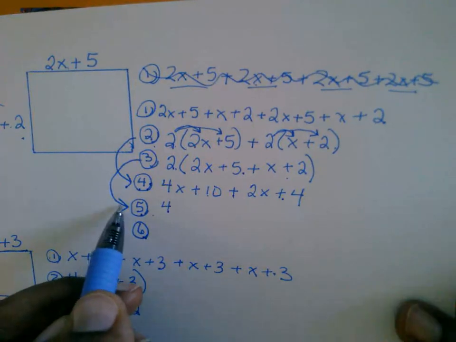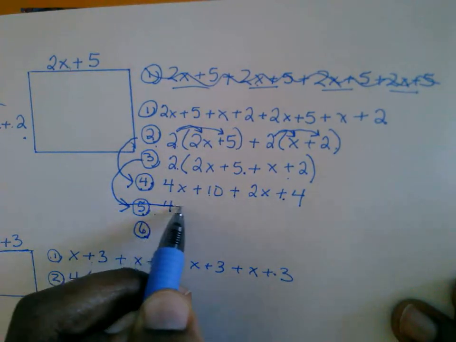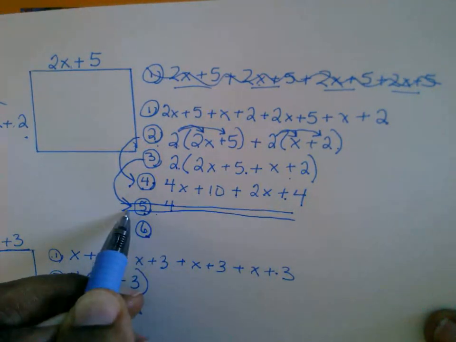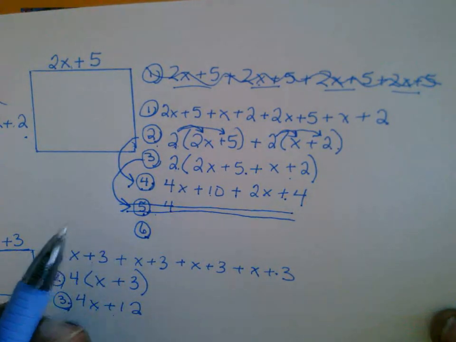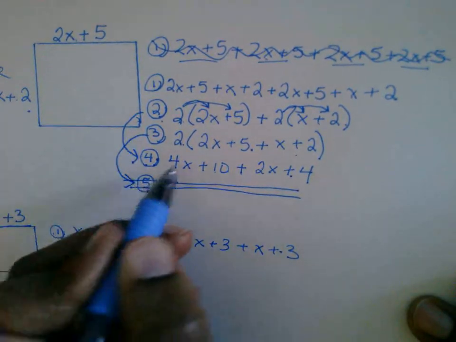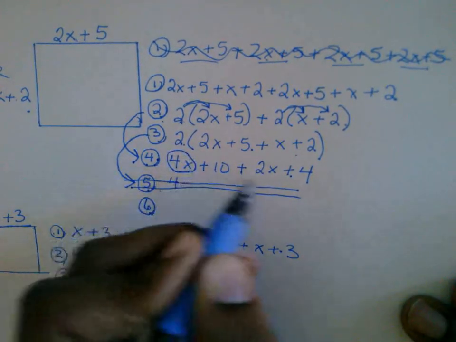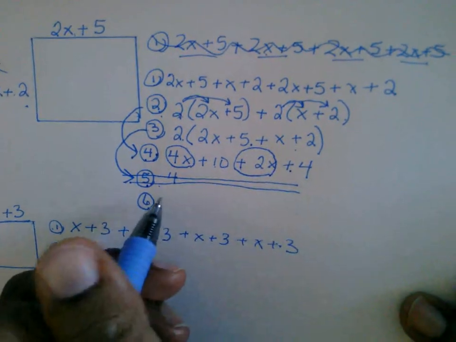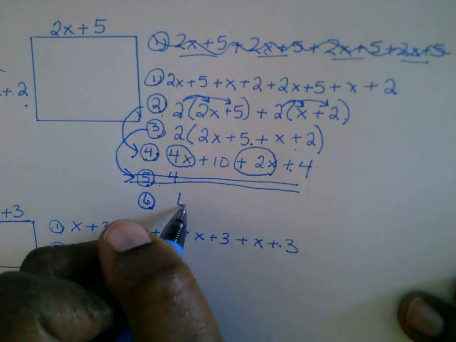So I really don't need a 5. I'm going to cross out 5 because it's going to be the same expression. And so then all we need is number 6, where we combine the like terms, which end up being, let me hear it.